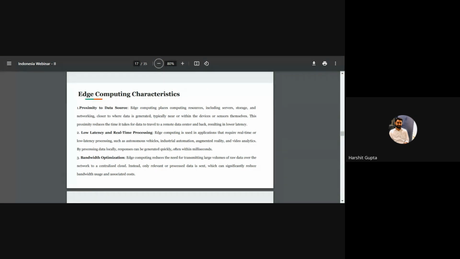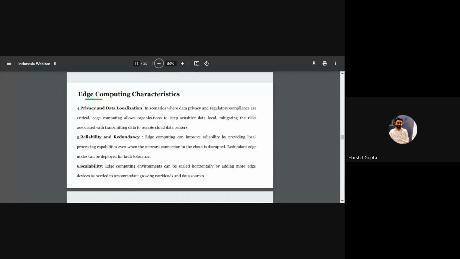In this way, the bandwidth required will be reduced. So between a totally cloud-based system and a system that also has some edge computing, there will be much difference in terms of latency, processing, and bandwidth optimization.